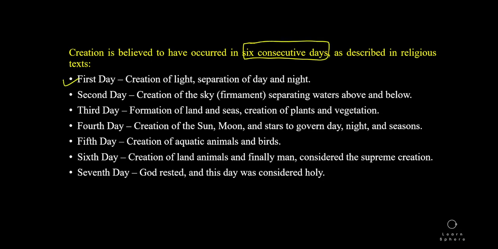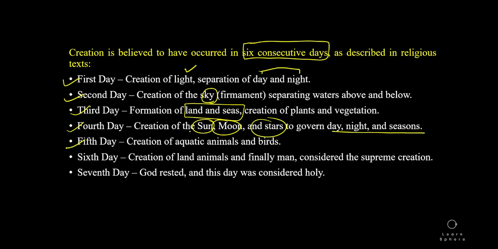On the very first day, God created the light for the separation of day and night. On the second day, sky was formed. On the third day, land and seas were created. On the fourth day, sun, moon, and stars were created by God to govern day, night, and all the seasons.